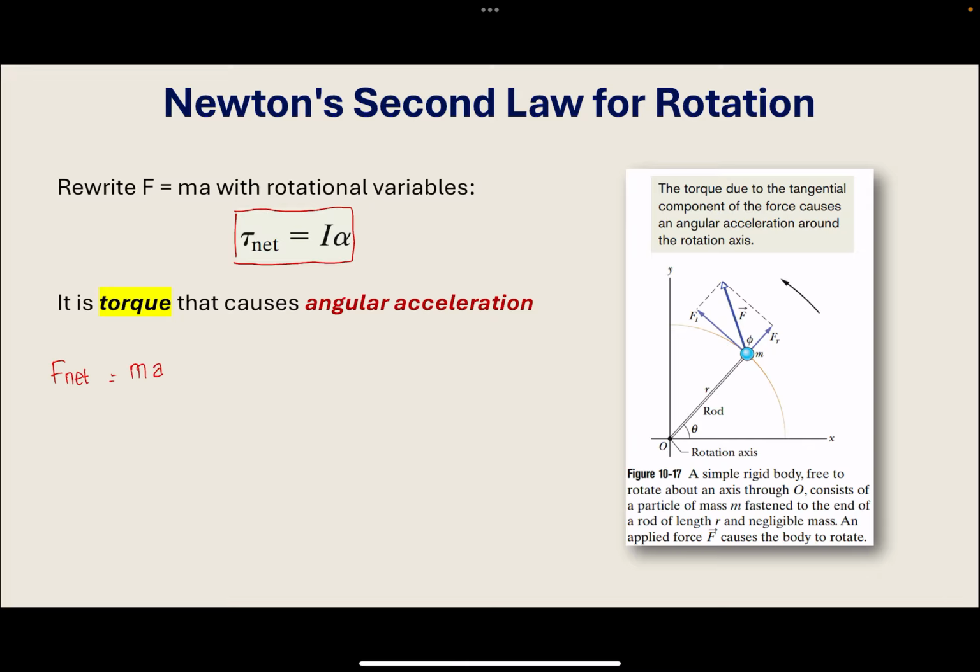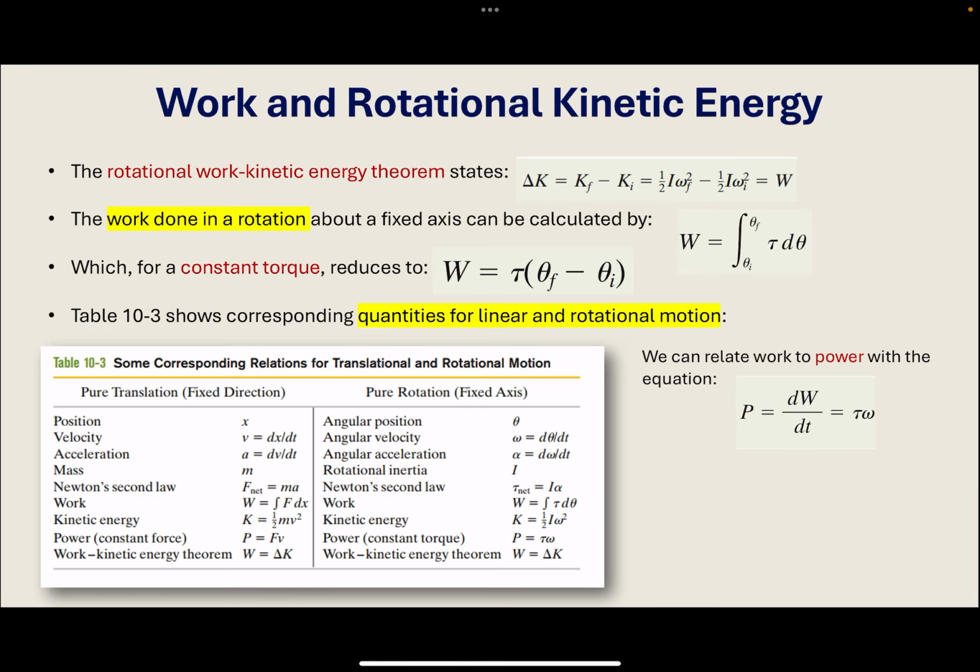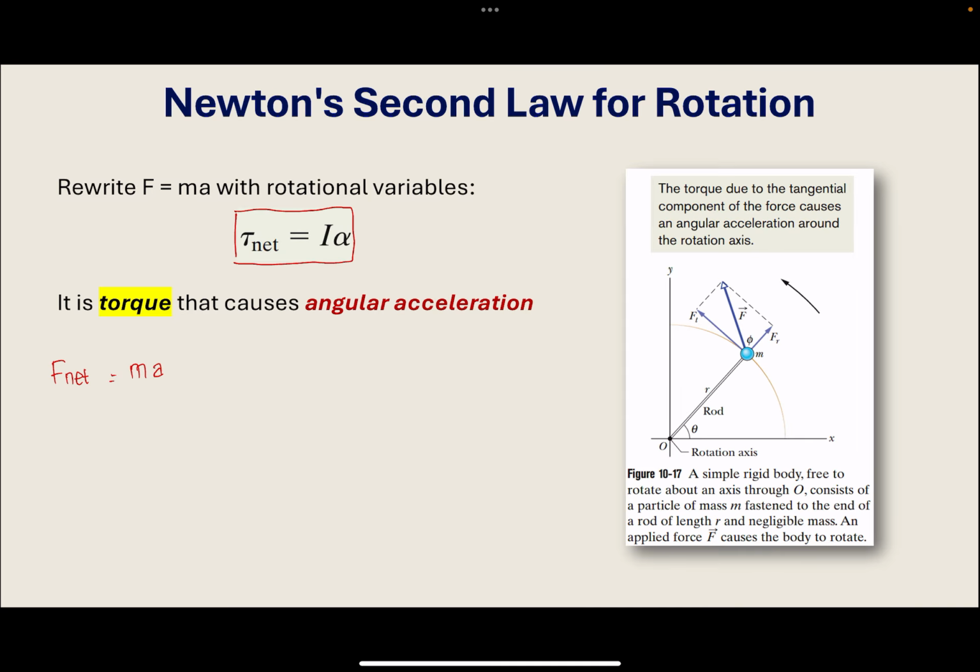In the diagram, a rigid rod can rotate about an axis at a point O. A force F is applied at the end of the rod, a distance r from the axis.